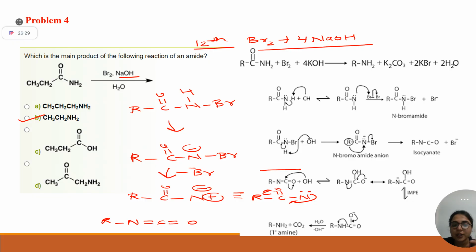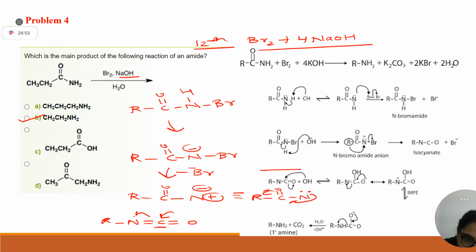Now on this, the examiner can ask you two things. Either he can add water, or he can add any external nucleophile. Among the three atoms, which is the most electrophilic? Obviously, this carbon, right? So the external nucleophile will come and attack onto this carbon.